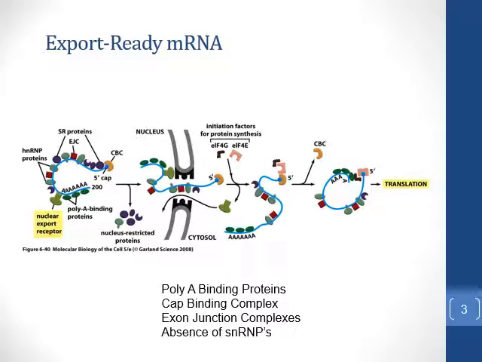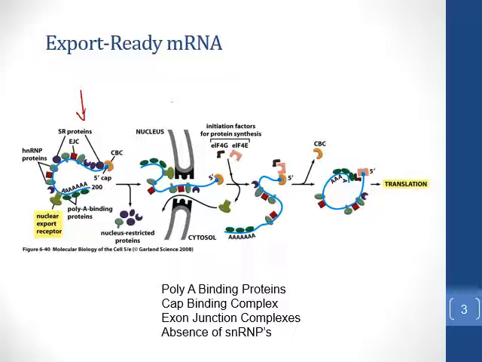Now, before we look at those mechanisms, let's think about this mRNA and what an export-ready mRNA would look like. This really is kind of a review, but it also sets the stage for the process of translation. So let's begin over here on the left and look at this mRNA.